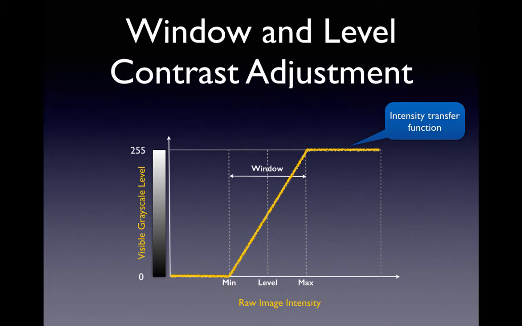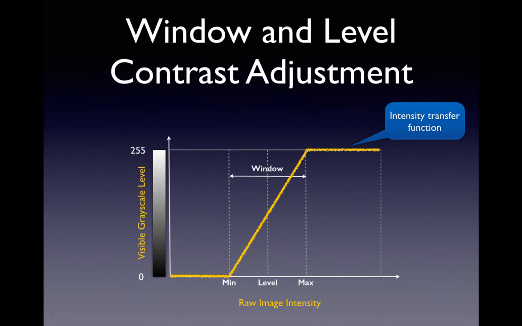So going back to the simple contrast adjustment, this is a representation of the mapping between raw image intensity and visual grayscale level. It's a flat function, then a linear portion, and again a flat function. Everything below the minimum maps to black, or 0. Between minimum and maximum, you linearly go from 0 to 255, black to white, and everything above the maximum intensity gets mapped to white.